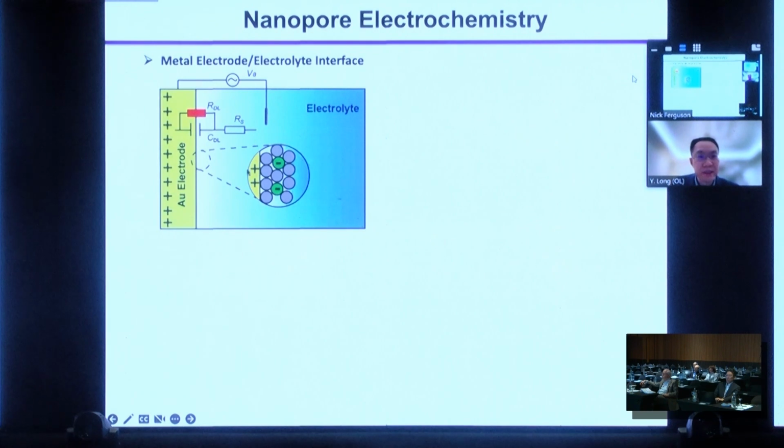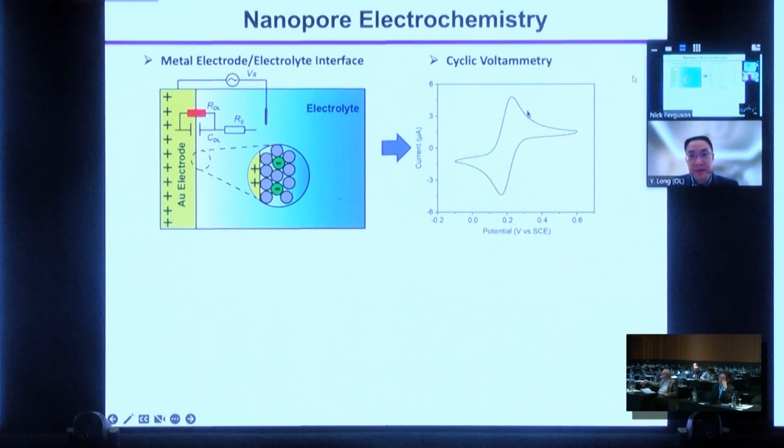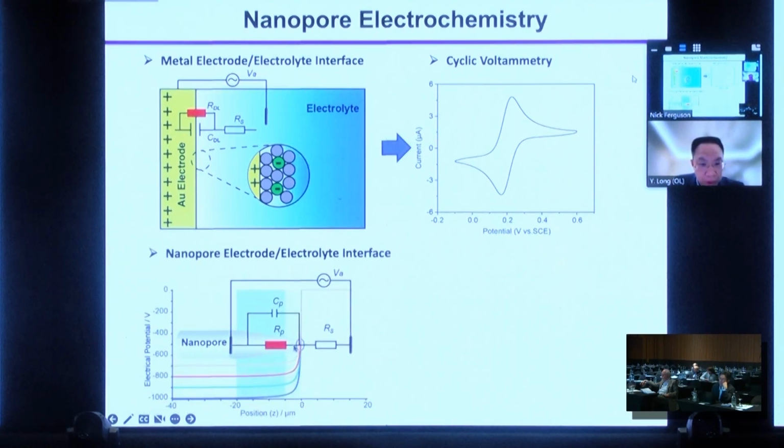So consider the traditional electrode surface. We drop the potential in the solution, and the electrochemical reaction happens on the surface of the electrode. So we can get the CV voltammetry, but with the pore we drop the potential on the pore.